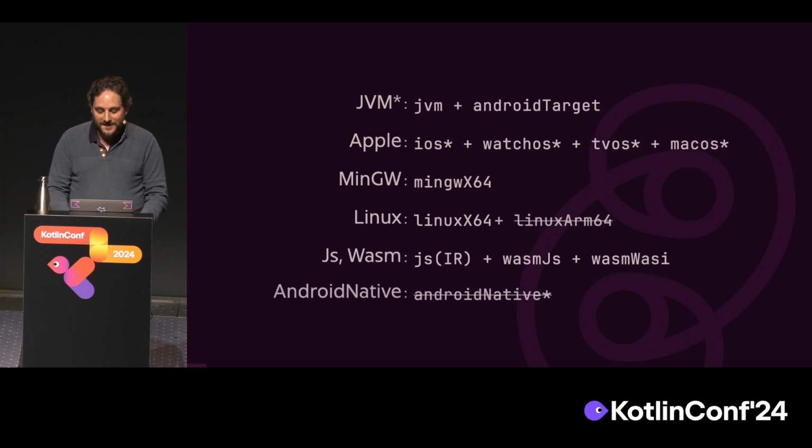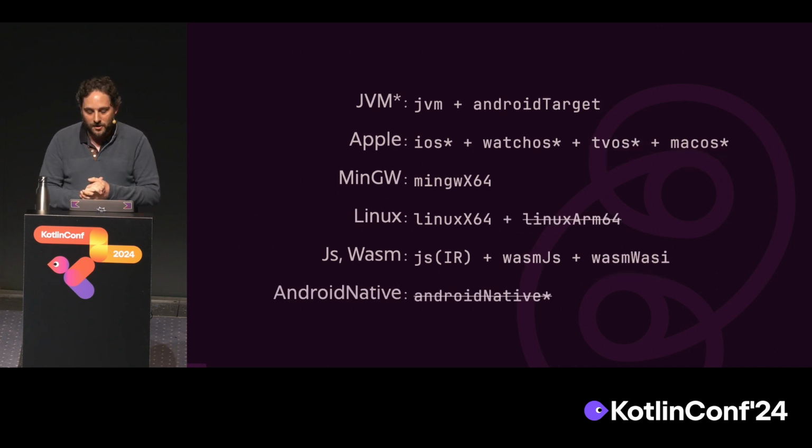These are the platforms that we are not going to be talking about, and I'm not going to target in my samples. I'm not going to target Android native because, who targets Android native with Kotlin Multiplatform? It's very niche. And I'm not going to target Linux ARM64 because at the moment you can compile for Linux ARM64, but not on a Linux ARM64.